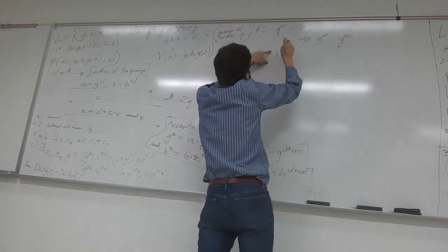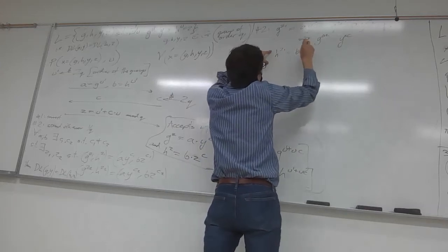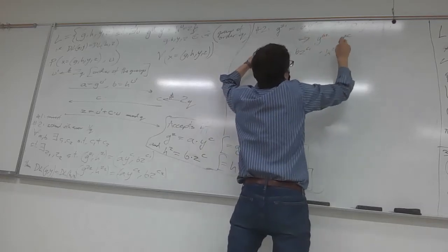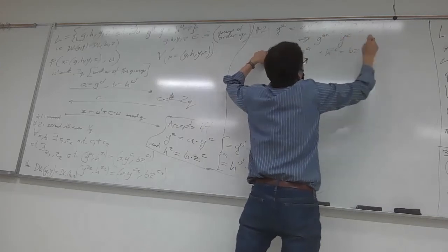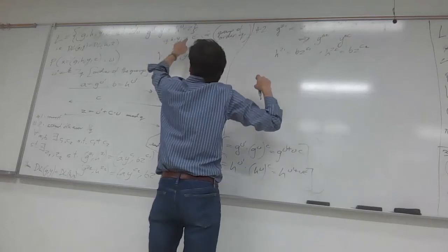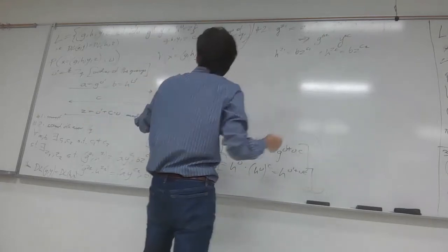And if H to the Z1 is B, Z to the C1, and H to the Z2 is B, Z to the C2, sorry, I have C here, and I call this response C. So I'm sorry.